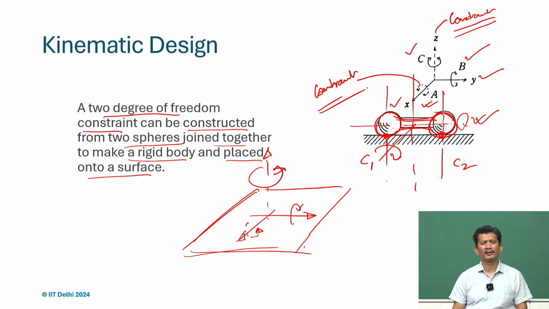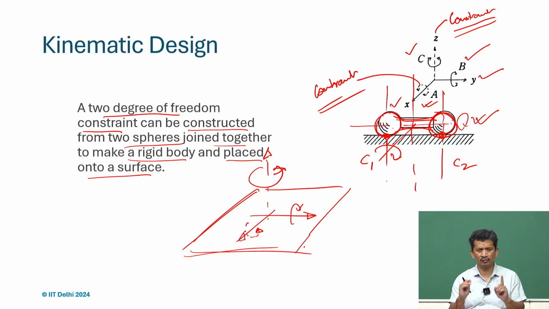And previously also we mentioned, whenever there are parallel linear constraints, they will always constrain a rotation which is perpendicular to the plane.